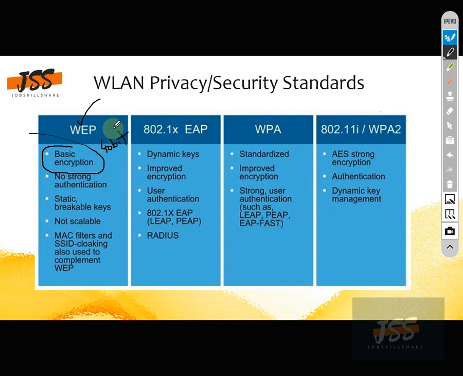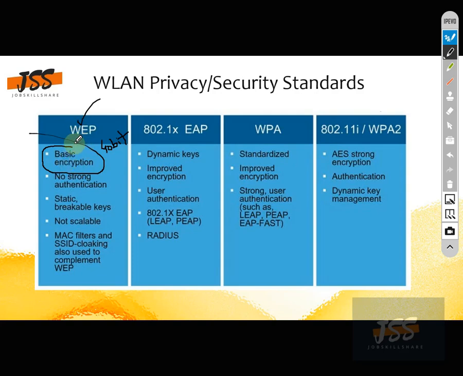Because that was the first standard to come into being, it was very small and it has no strong authentication. Its keys are breakable. It is not a scalable solution. The remedy was to use MAC filters and SSID cloaking to mitigate the problem. But again, it was old technology, and it is being hacked.